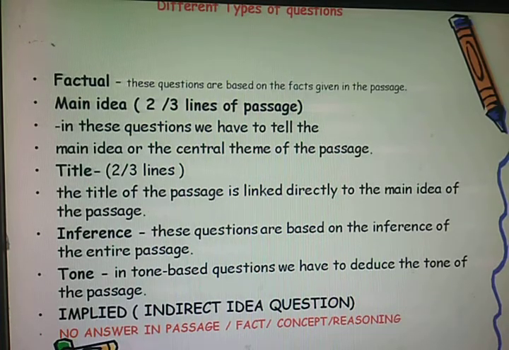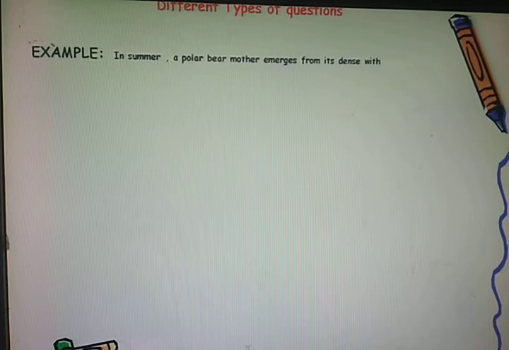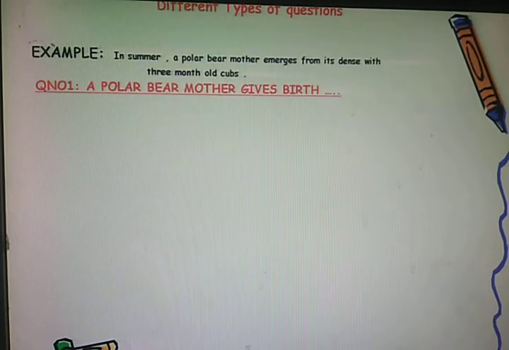Let's do some practice. Here are three lines. Now there's one line and one question here. Viewers, I'm giving you 1 minute to understand the question and find the answer.